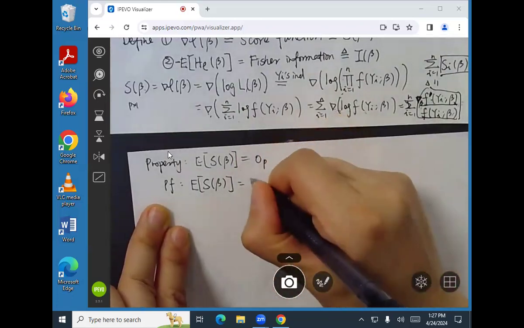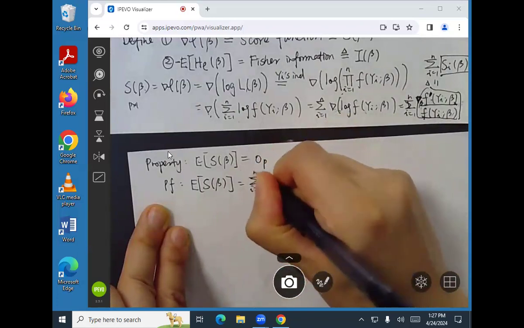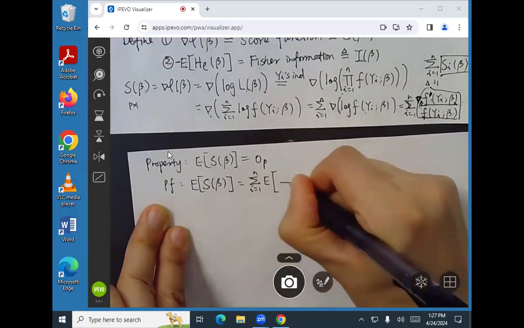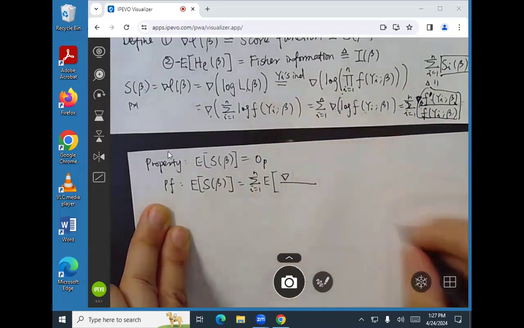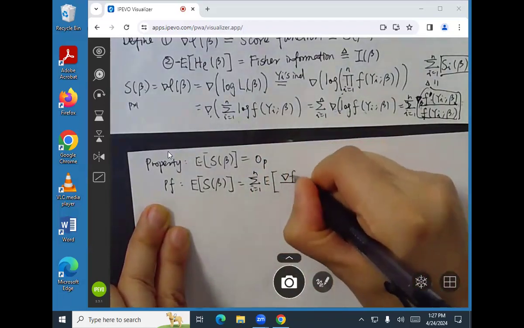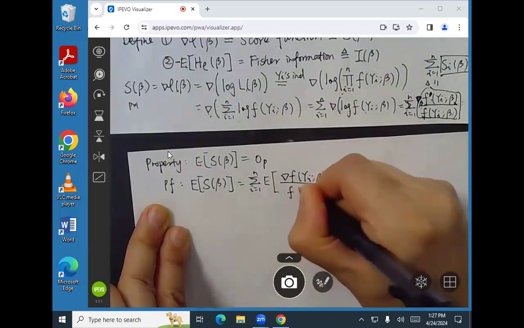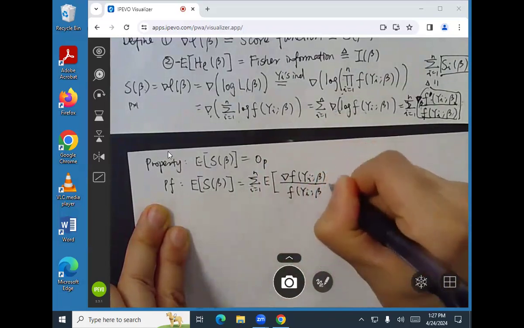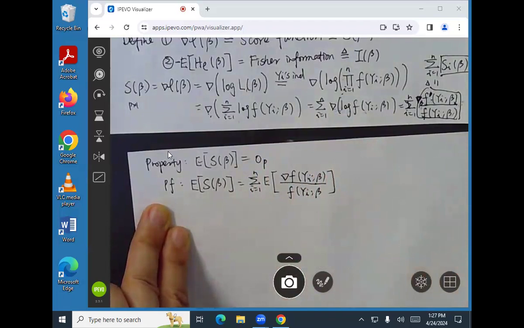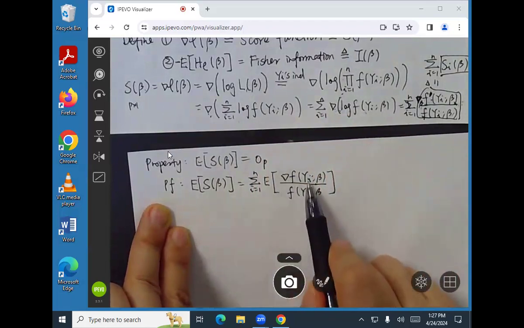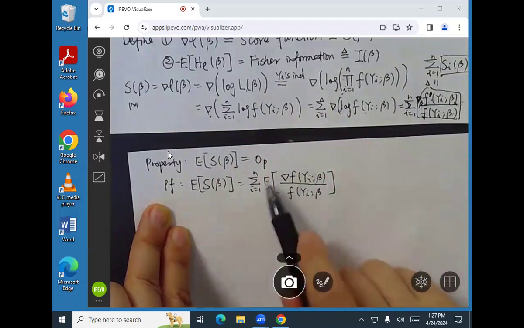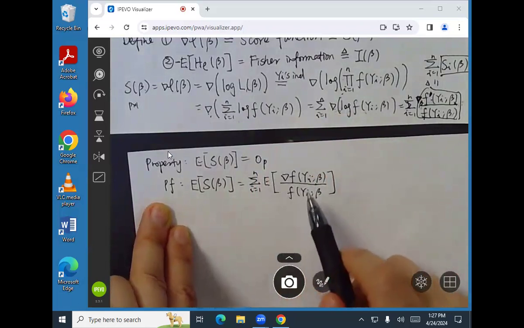I can move it inside the summation, the sum over i from 1 to m of the expectation of the numerator, the gradient of f(y_i, beta) over f(y_i, beta). Now we are going to use the definition of expectation because y_i is the random variable, it's the expectation with respect to y_i.